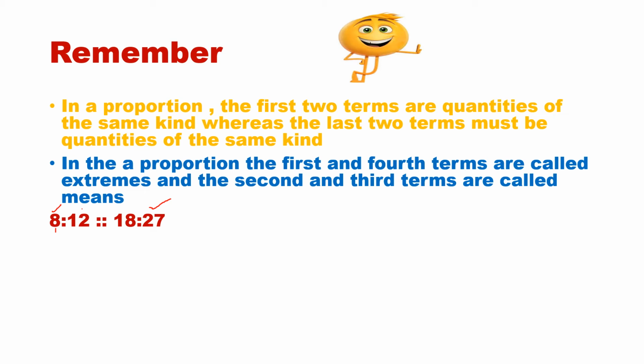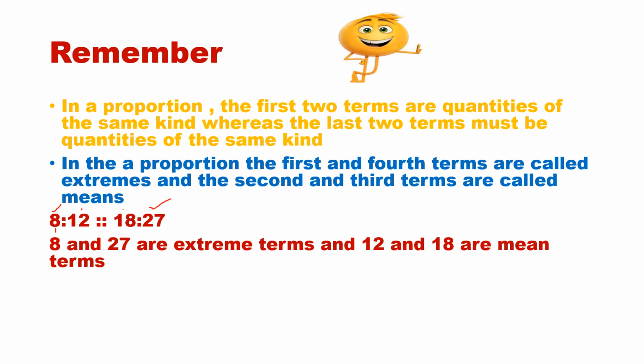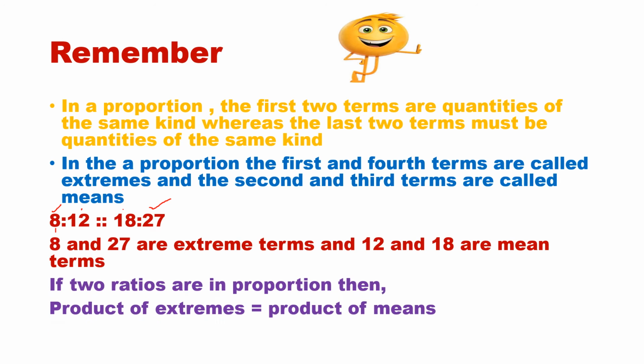And this 12 and 18, they are in between, isn't it? So they are called the mean terms. So you should know that the terms which are at the end are called extremes and the terms which come in between are called mean terms. So 8 and 27 are extreme terms and 12 and 18 are mean terms. So you have to remember this.